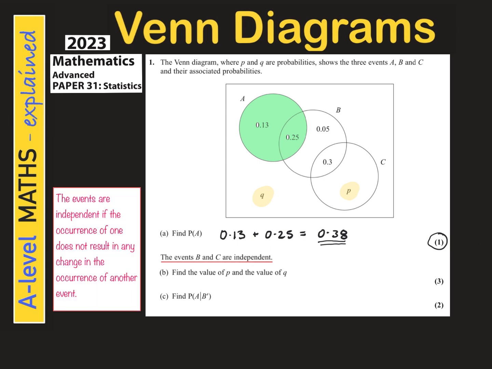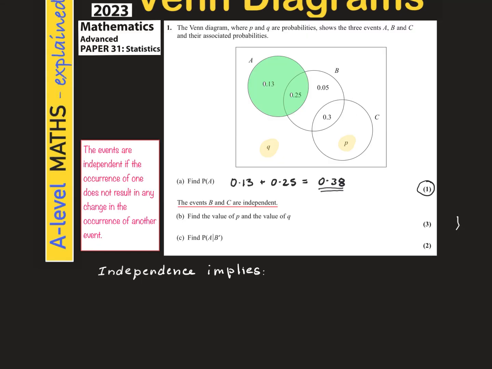I wrote this on the sidelines here, but to get the mark that you want for this, you need to write down the multiplication rule for independent events. So independence implies that the probability of B and C is equal to the probability of B multiplied by the probability of C. This is a specific multiplication rule to calculate joint probabilities.